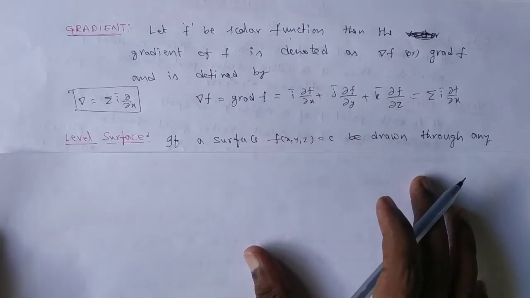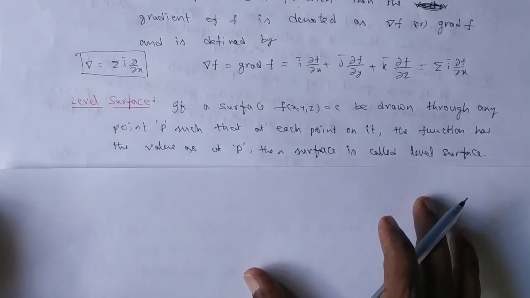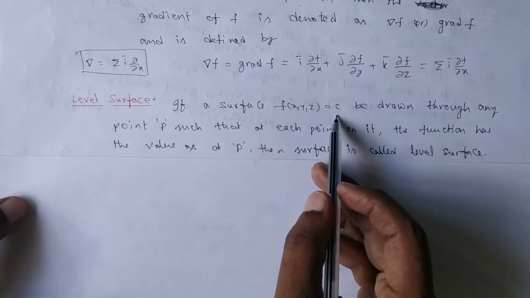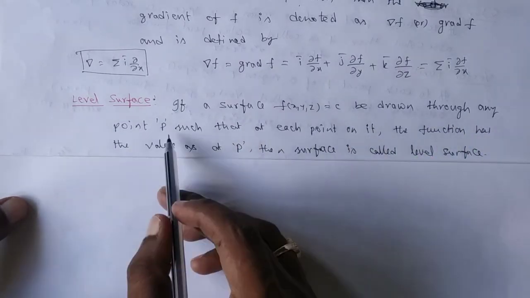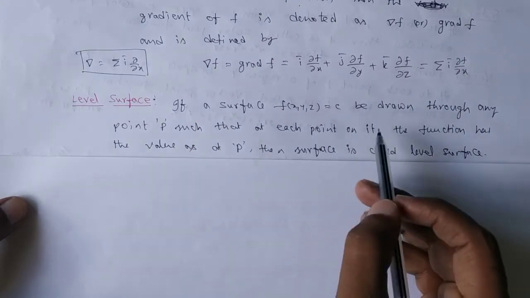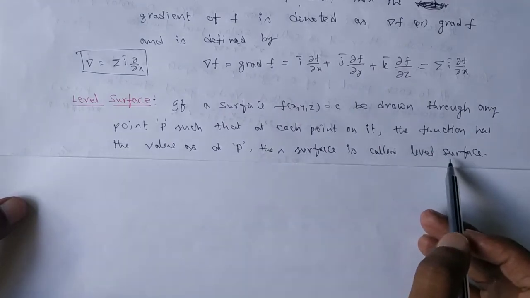Now we have one definition called level surface. If any surface f of x y z equal to c is drawn through any point p such that at each point on the surface the function has the same value as at p, then the surface is called a level surface.